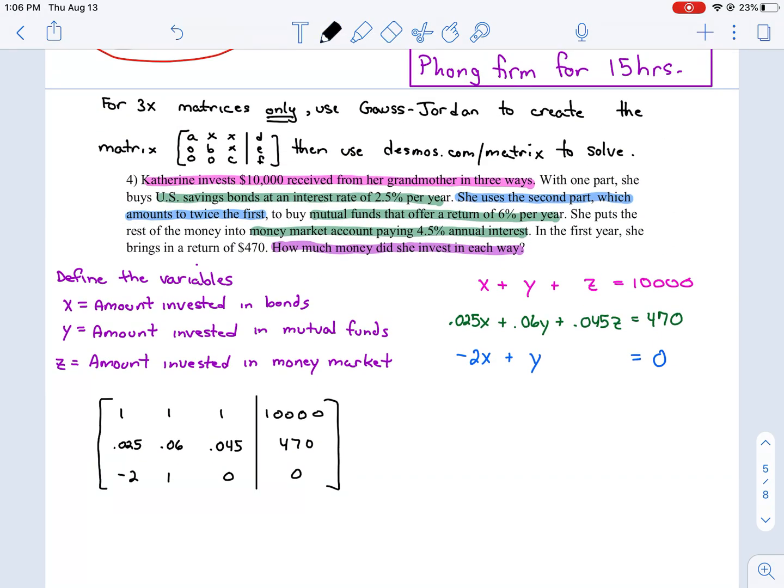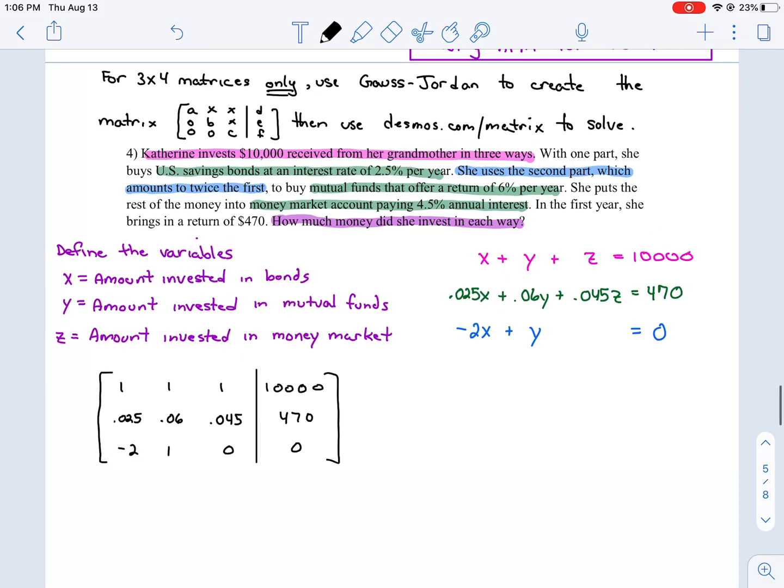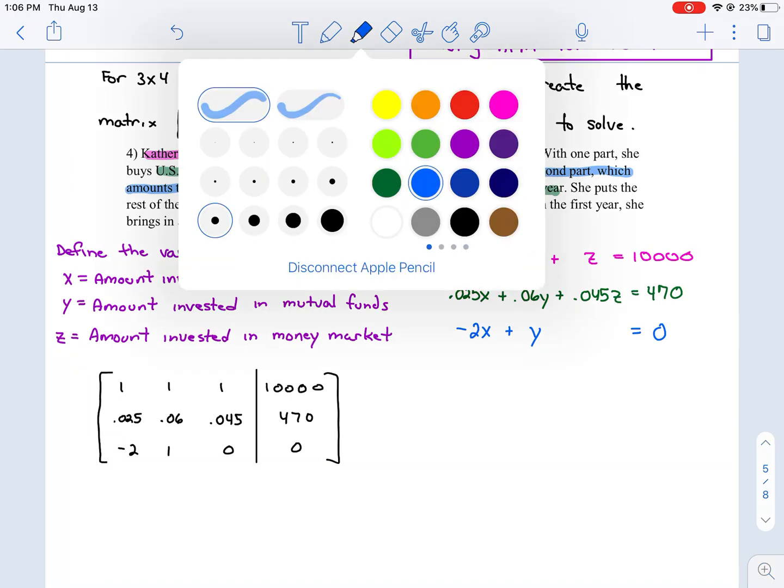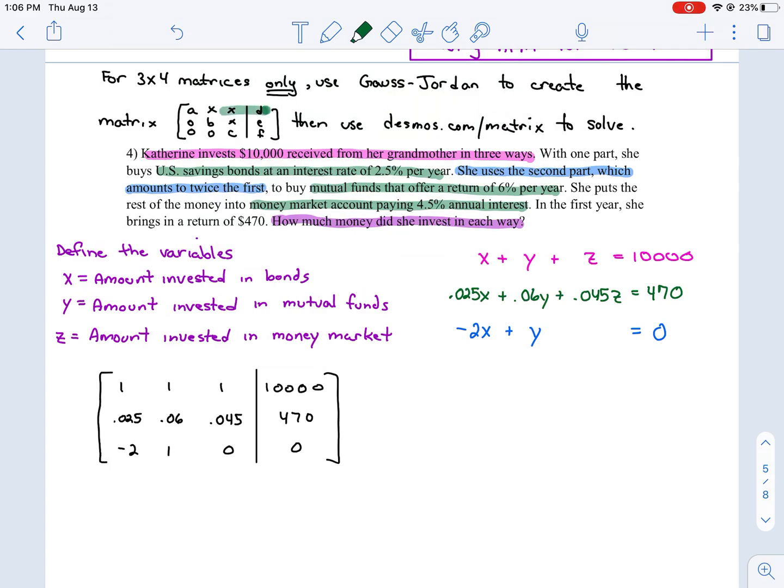And for 3 by 4 matrices only, use the Gauss-Jordan method to create the matrix here that I'm going to highlight in green. And notice that none of the diagonals need to be 1. They can be any number. However, we're going to make zeros in the bottom left-hand corner using the Gauss-Jordan. Then we can use Decimus.com/matrix to solve the problem.